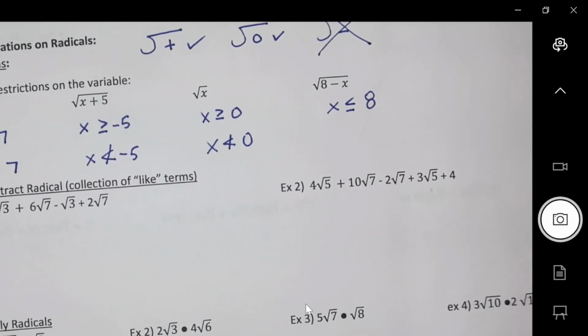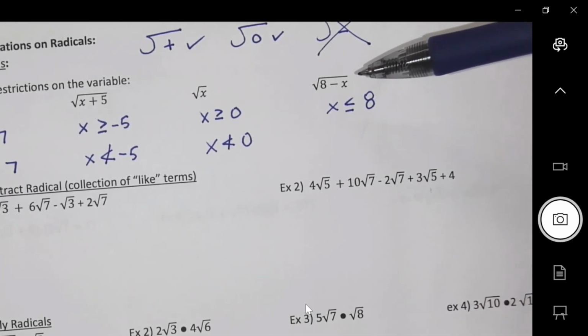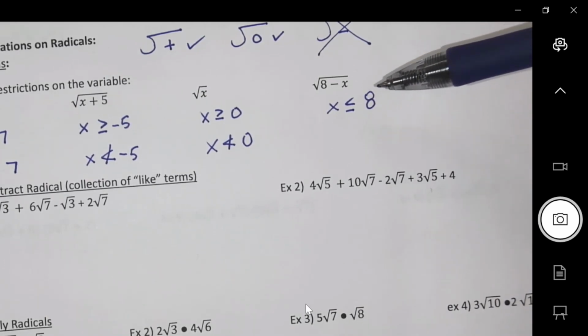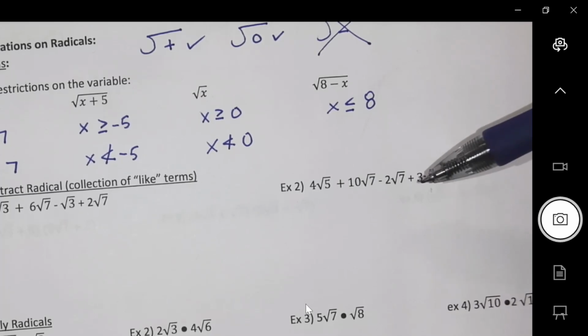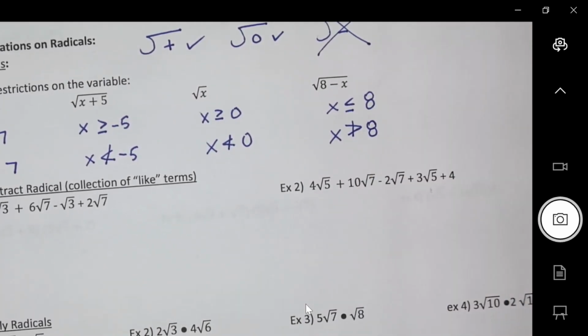I have to flip the sign. Okay? Why the other way? Because think about a value that would work. 8 subtract 2 is still good, right? So I want to be less than 8. If I pick something bigger than 8, for example, 10, 8 subtract 10, now that's bad. So I don't want anything bigger than 8 to go in there, right?